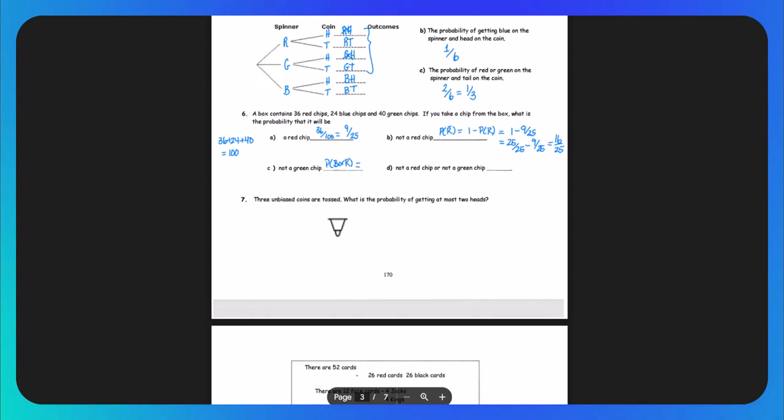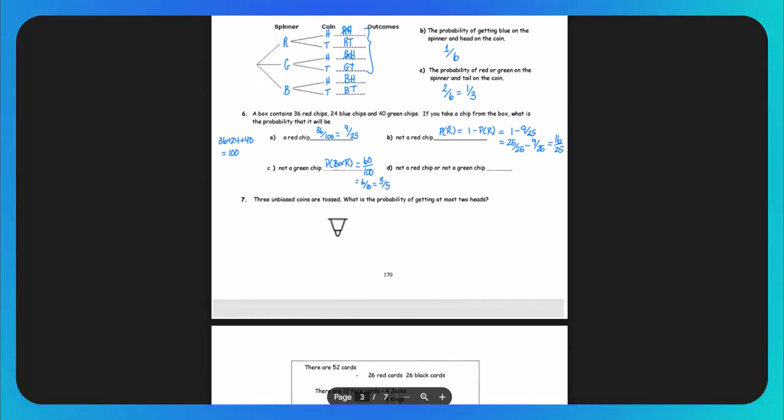The red, there's 36. So we have 24 plus 36, which is 60 over 100. That equals 6 over 10, but we want that to be reduced.